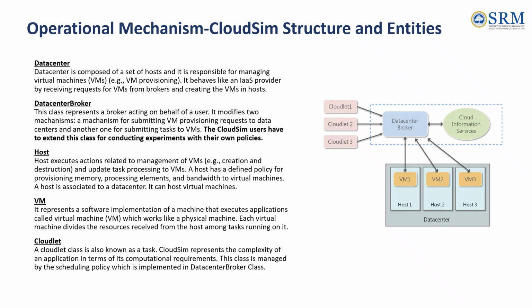Finally, we have the cloudlet. A cloudlet represents a task or application workload inside CloudSim. The scheduling policy in the broker decides how cloudlets are assigned and executed on virtual machines. So overall, these entities work together to simulate resource allocation and task execution in a cloud computing environment.